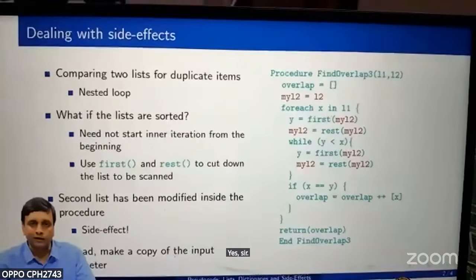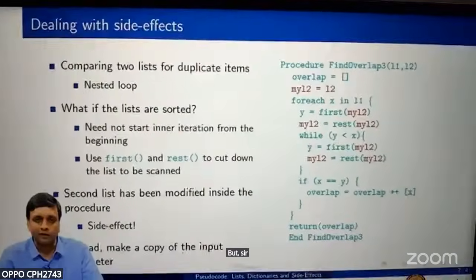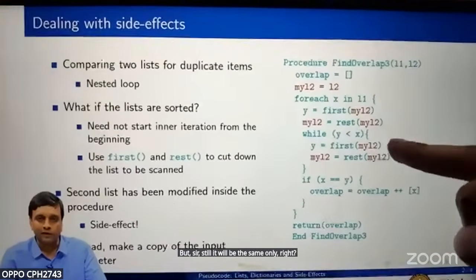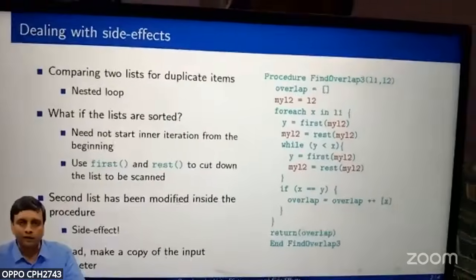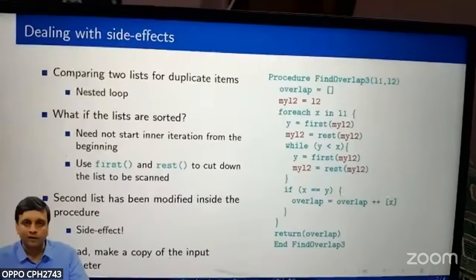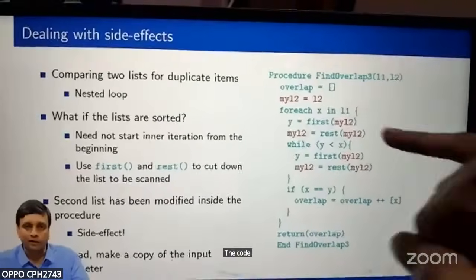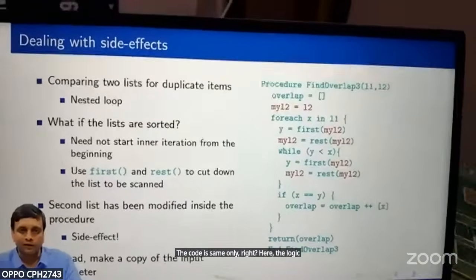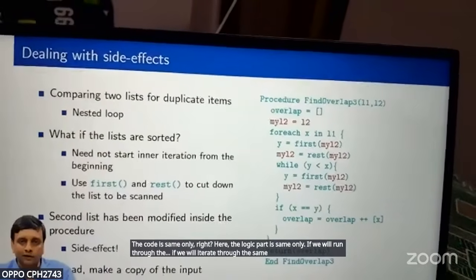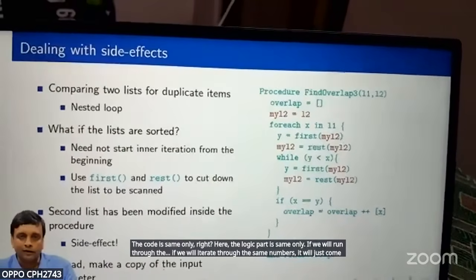Any other doubt? But sir, still it will be the same only, right? The code is same only, right? Here the logic part is same only. If we iterate through the same numbers, it will come the same, right?